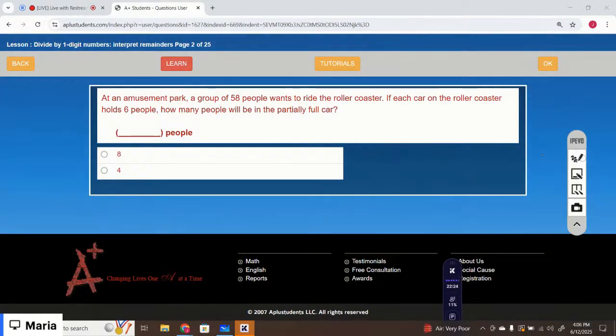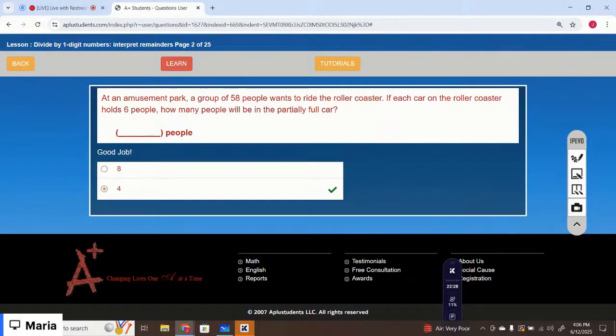The remainder is 4. Option number B is the correct option. That is right.